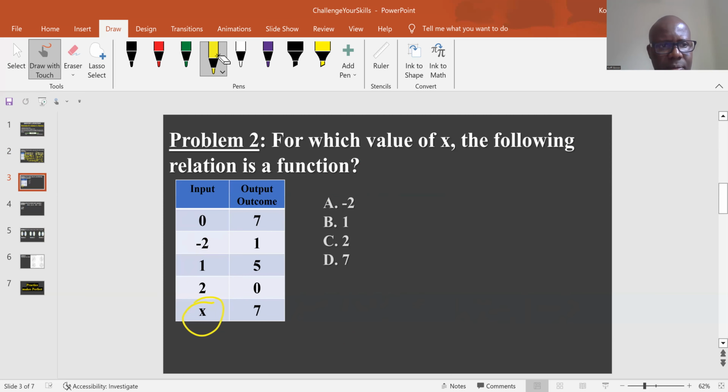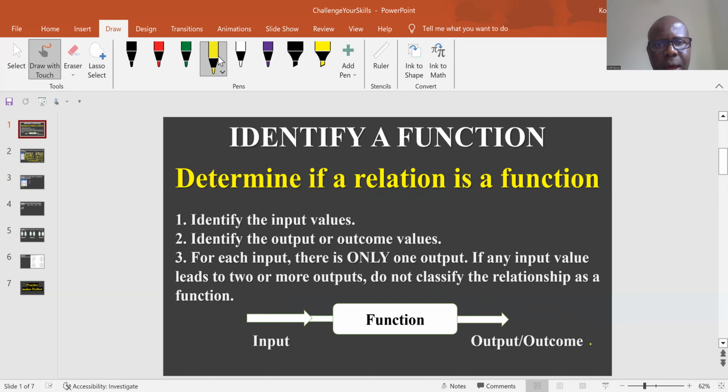Let's see a keynote. Identify a function. Determine if a relation is a function. To determine if a relation is a function, we need three things. First of all, identify the input values. Second, identify the output or outcome values. Output or outcome, they are the same thing.